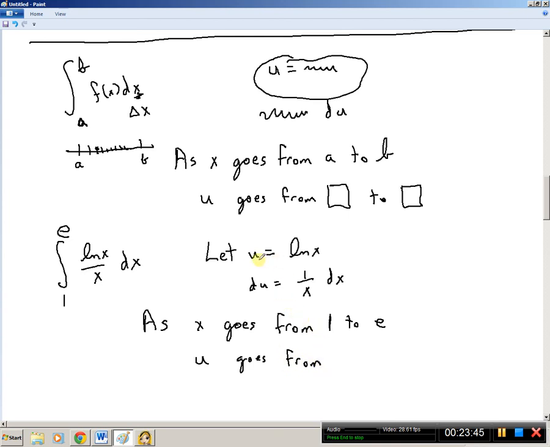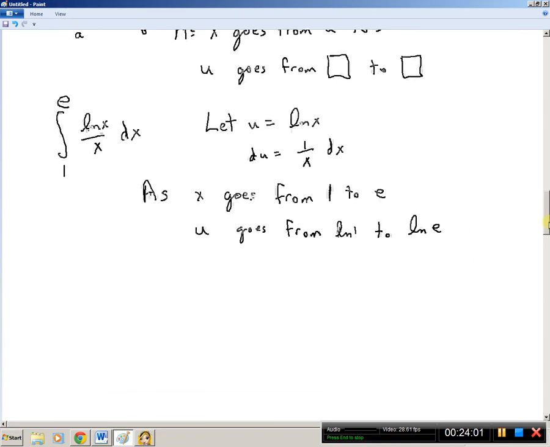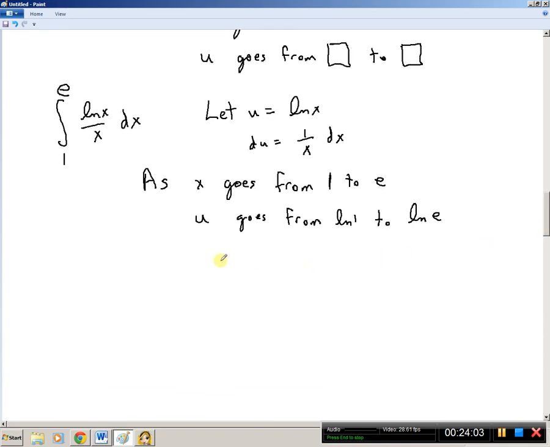Well, because u equals log of x, you just say u is going to go from the log of whatever I put here, the log of 1, to the log of e. Alright? So that means that these numbers become, log of 1 is 0, and log of e is 1.